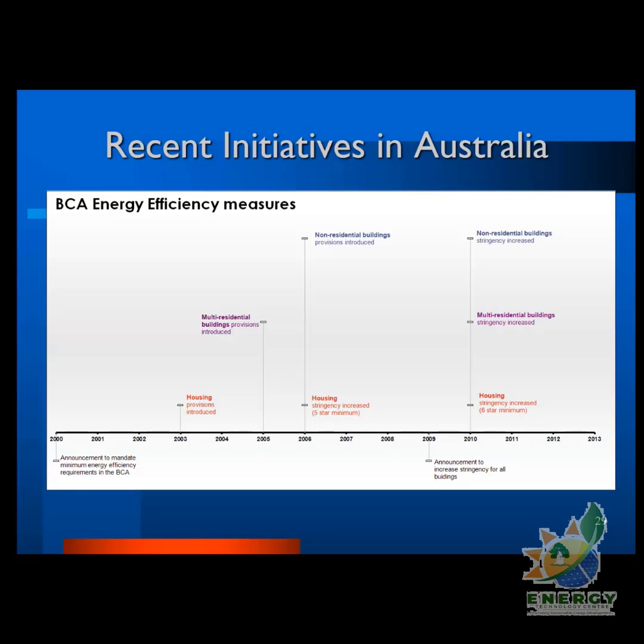And when we look at the building code, it started somewhere in 2003 with provisions for housing, and then in 2005 multi-residential building provisions were introduced. In 2006, non-residential building provisions came in, and the housing stringency in terms of residential housing was strengthened.